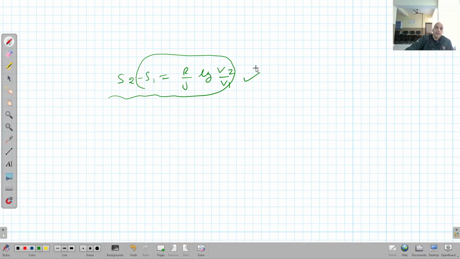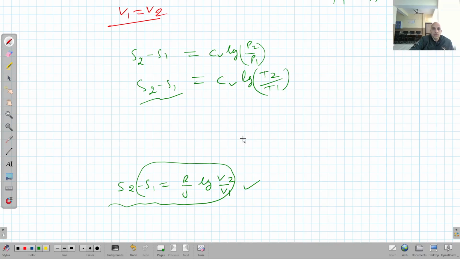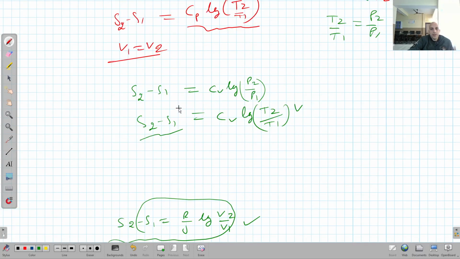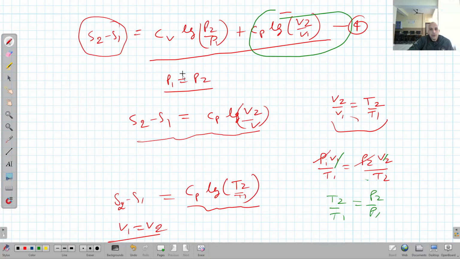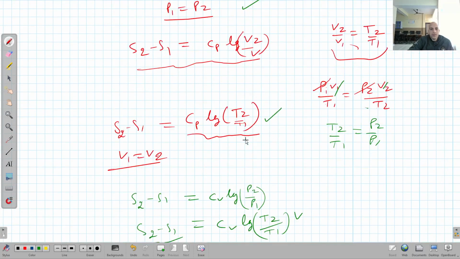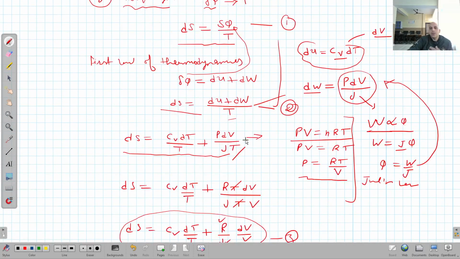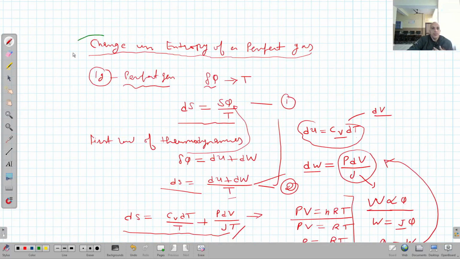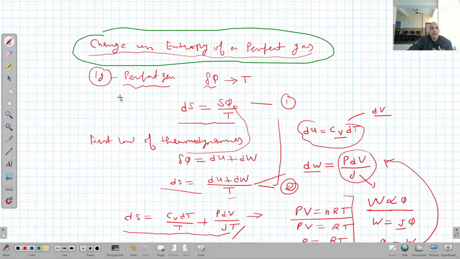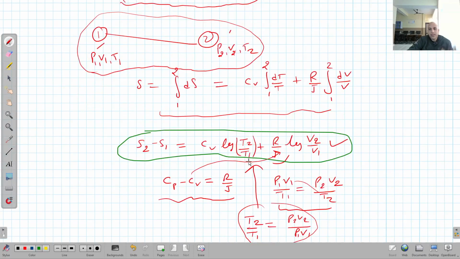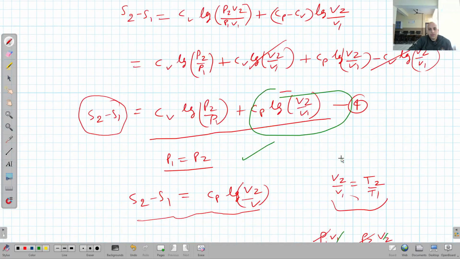So now we have three different conditions. This is for isothermal. This is for isochoric, when the volume is constant. This is for isobaric, when the pressure is constant. Then we have this equation. Clear? So this is all about the change in entropy of the perfect gas. We derived the equation for it. That equation was equation number 4, right?